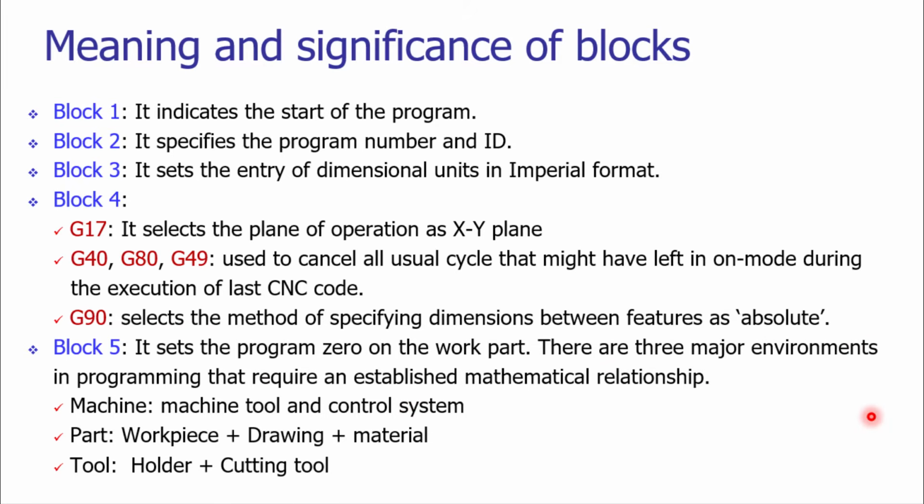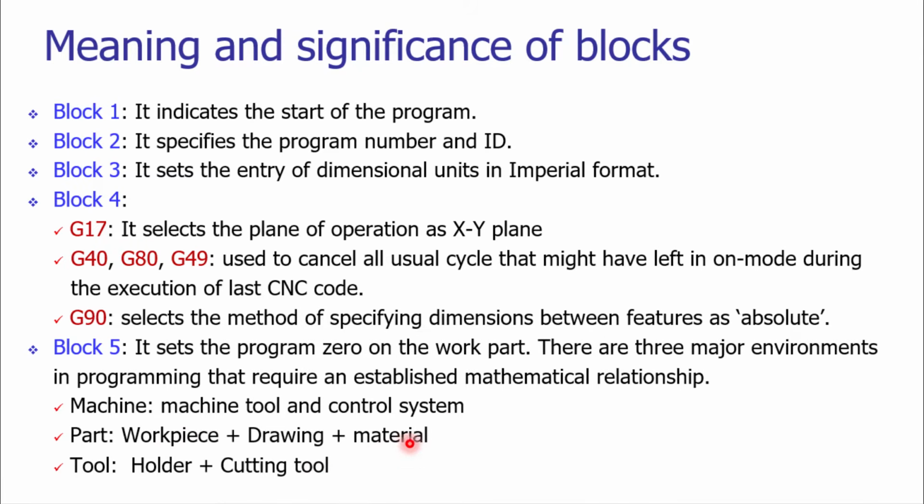In CNC machine tools, basically there are 3 environments of the programming, and we need to have establishment of mathematical relationship between these 3 environments. The first environment is the machine tool and its own control system. The second is the tool unit which is having the holder and the cutting tool.